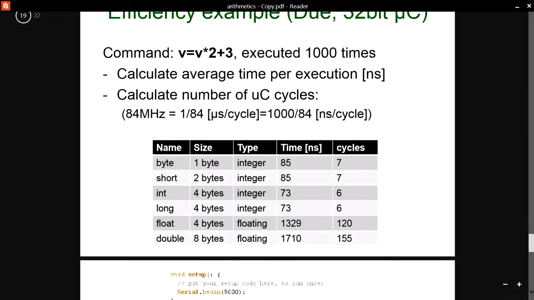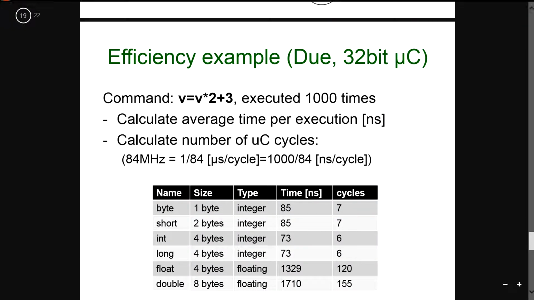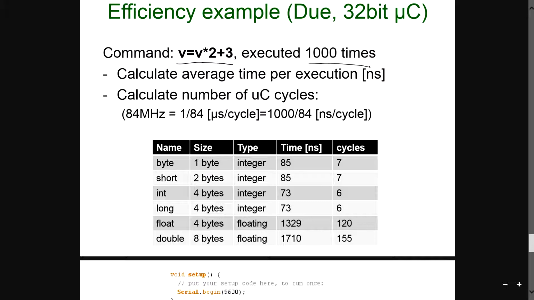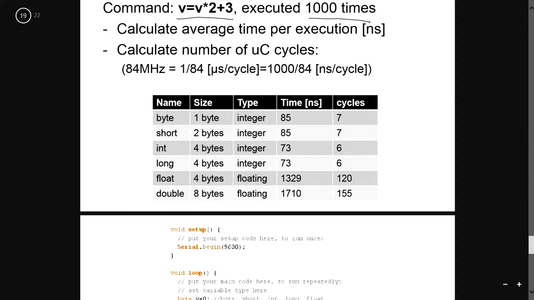So let's continue. They actually ran a test using Arduino. They wrote certain code and executed it 1000 times. I'll not go into details. From here you can straight away see that the number of cycles taken for the float is much bigger compared to the integer.